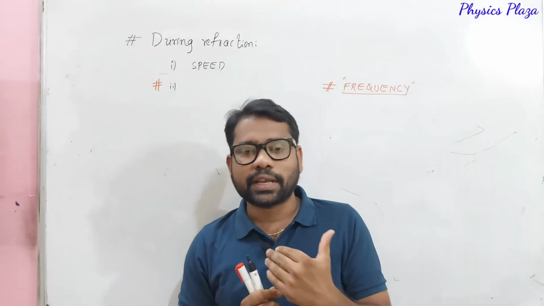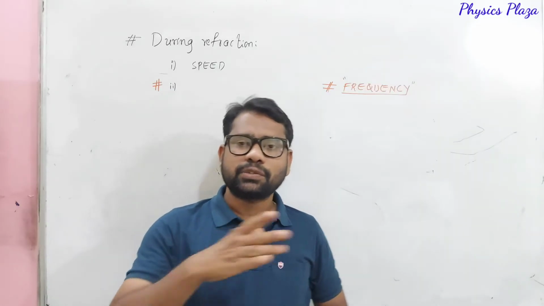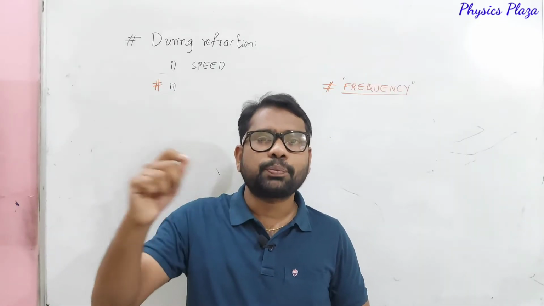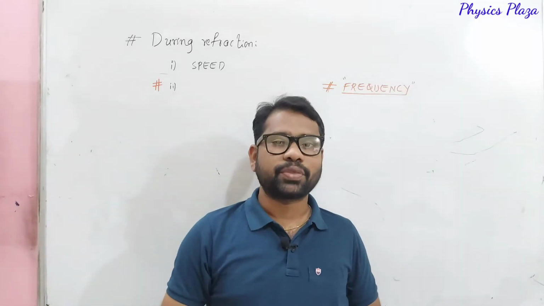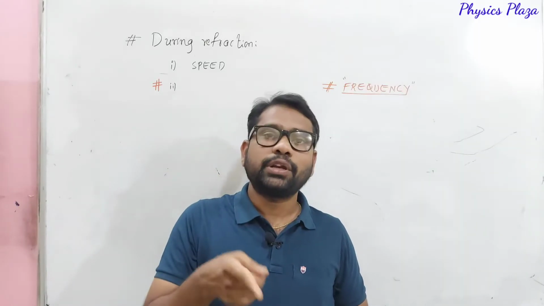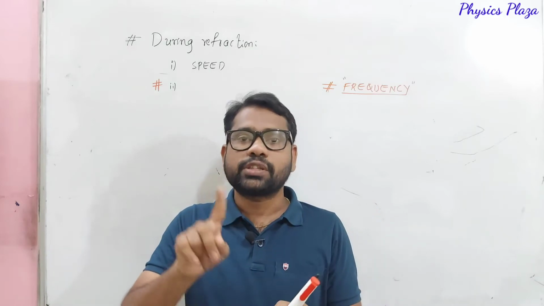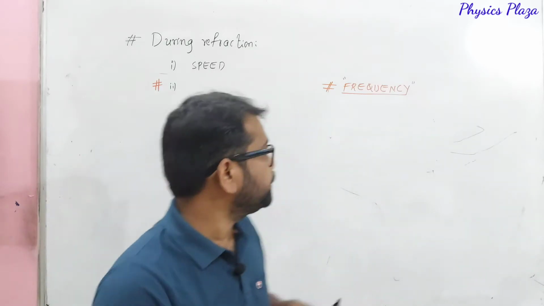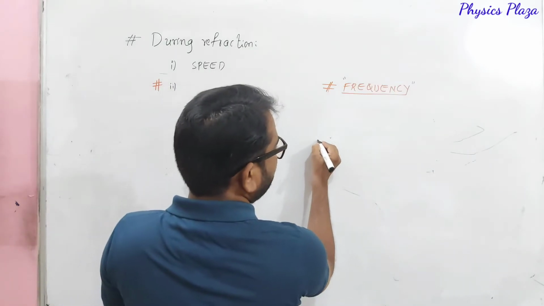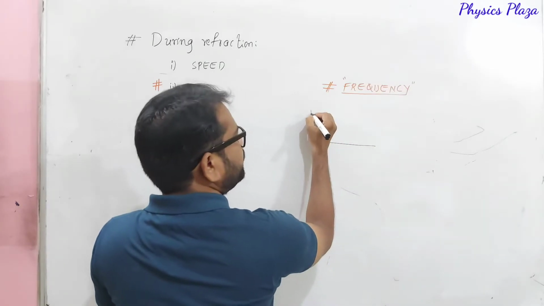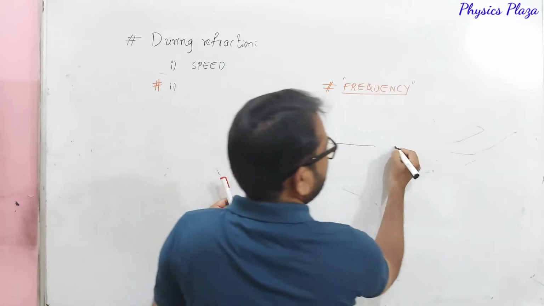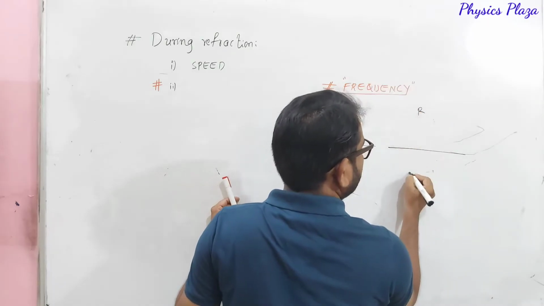So let us recall once again what frequency is. Frequency is the number of waves passing in a second. That definition is very important to understand why frequency remains constant during refraction. The best example: let us take light going from denser to rarer, and one more case, rarer to denser.